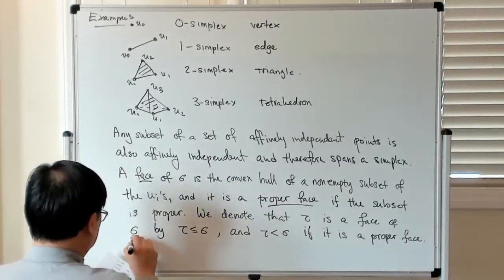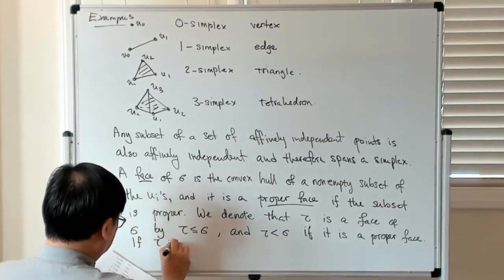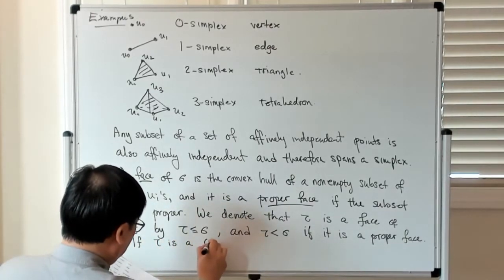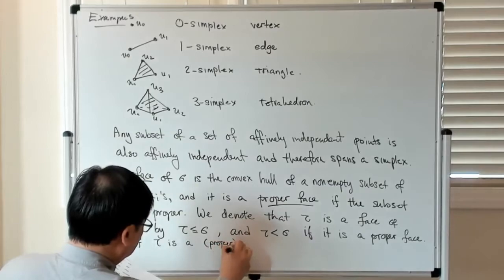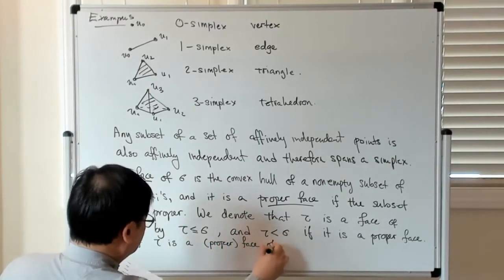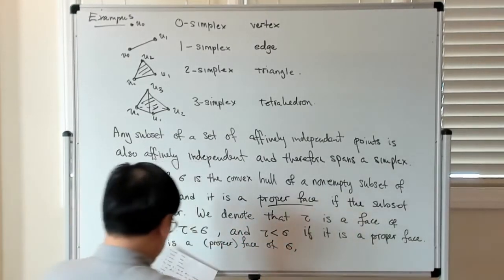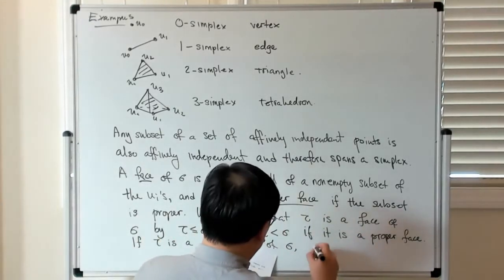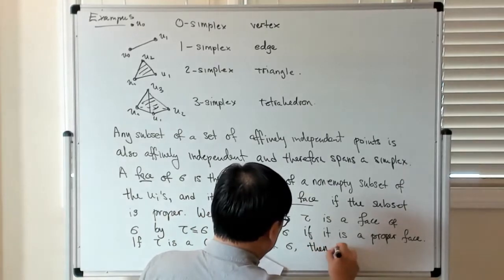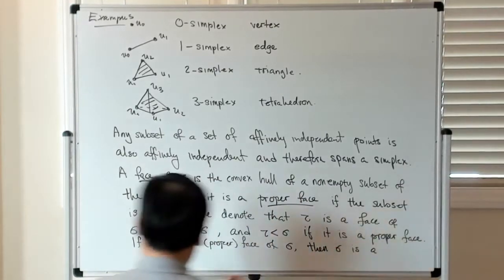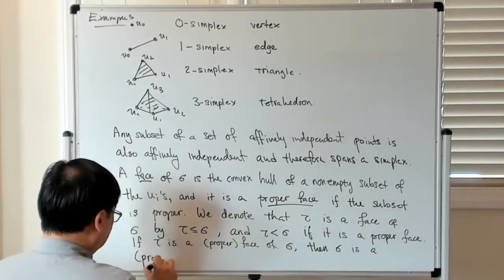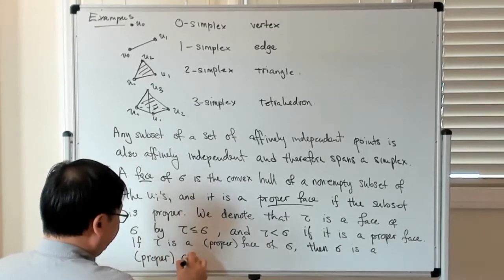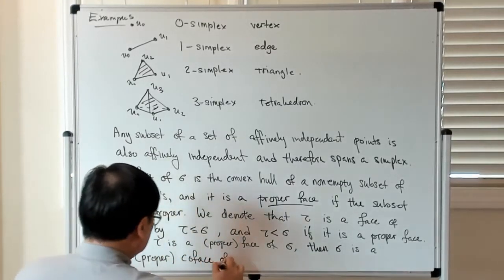So if tau is a possibly proper face of sigma, then the dual relationship is that sigma is a possibly proper coface of tau.